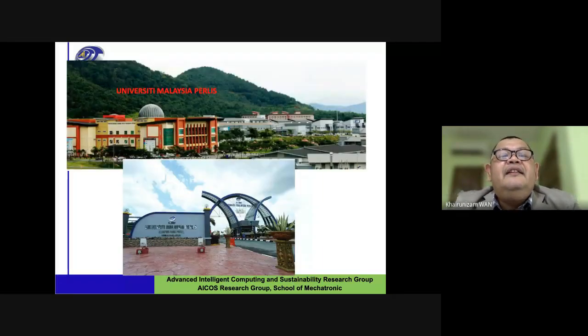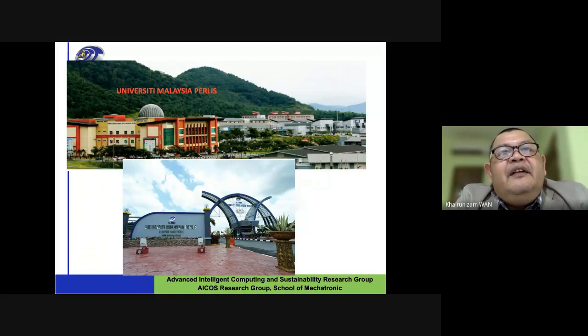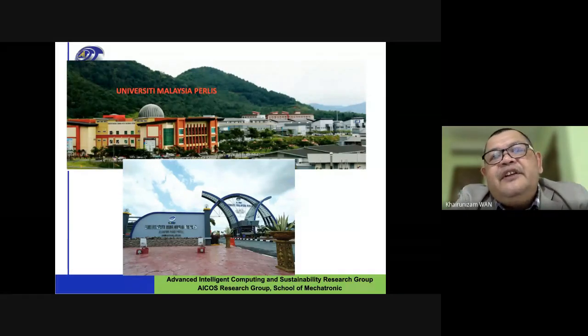Now I want to share with you photos of our university. In the upper figure, the brown building is the library. The lower one is the entrance. This is not the main entrance, but we only have one entrance now.